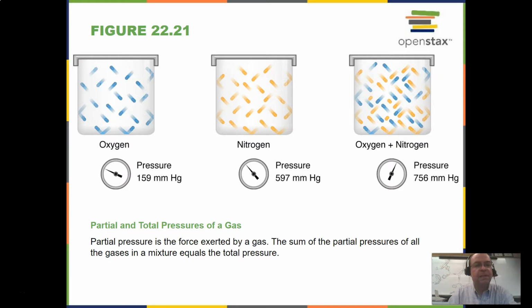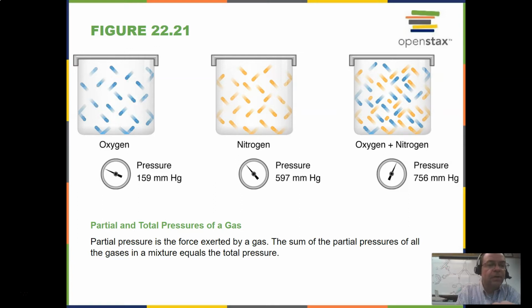So think of it as a pizza pie. Over here we've got oxygen. This is half of a plain pizza. Over here we've got nitrogen, half of a pepperoni pizza, but together they form a whole pizza. So basically a partial pressure is the force exerted by a certain gas on a mixture.